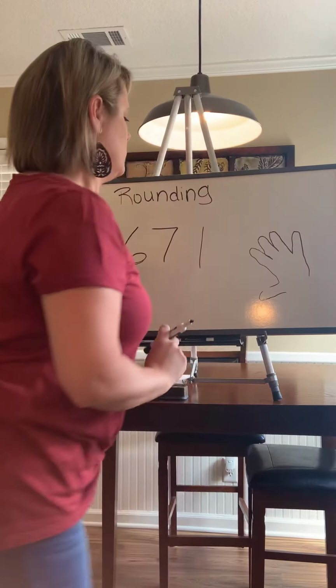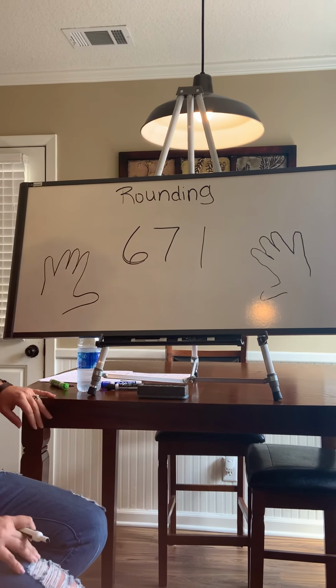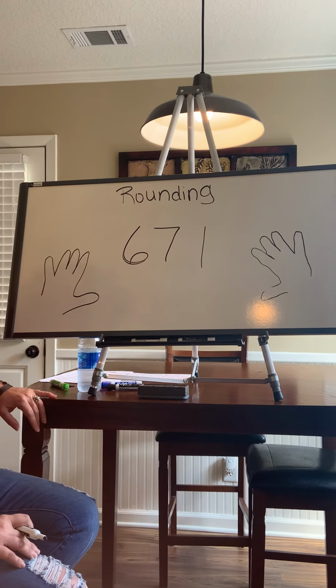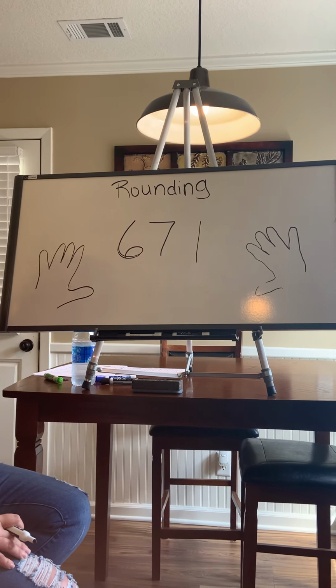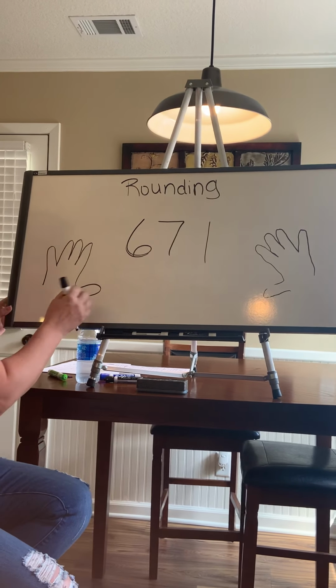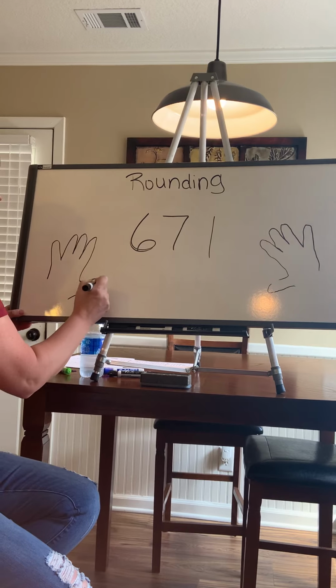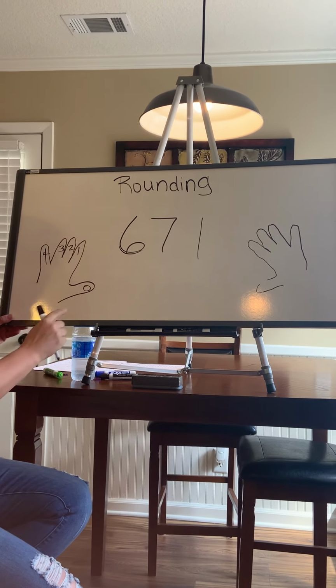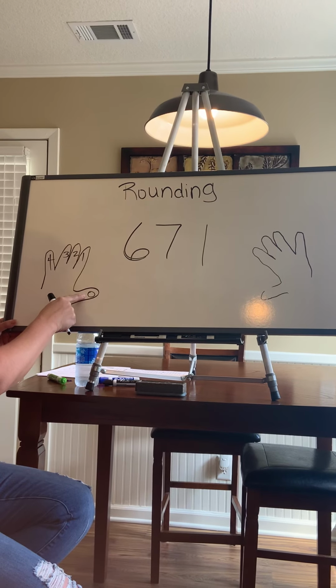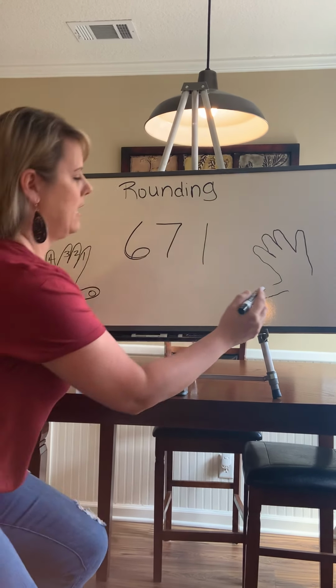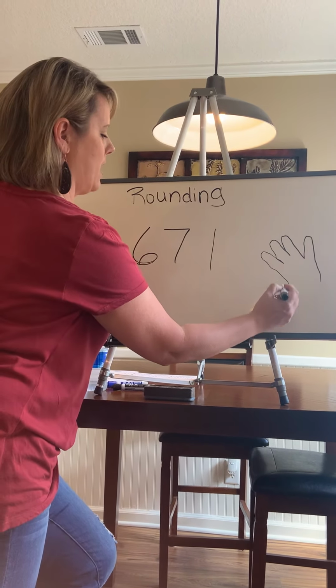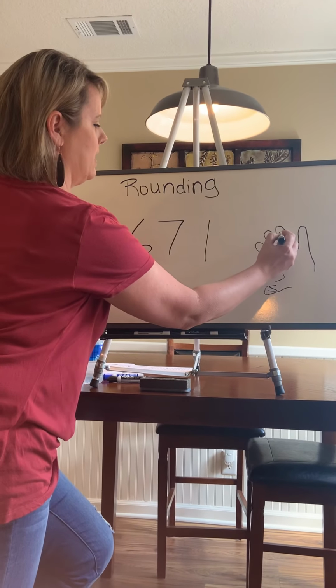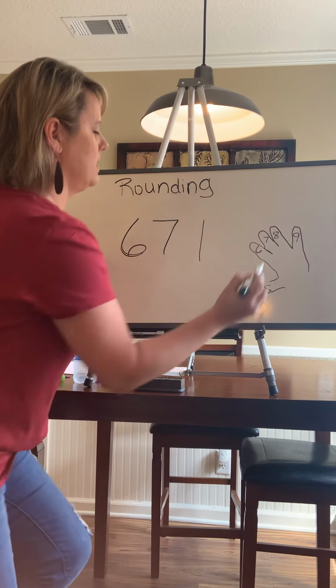All right, so these are Mrs. Groover's hands. And I believe you have 10 fingers too. So we're going to say that this hand is 0, 1, 2, 3, 4. See, we counted 0. It goes on this hand. And this is 5, 6, 7, 8, and 9.